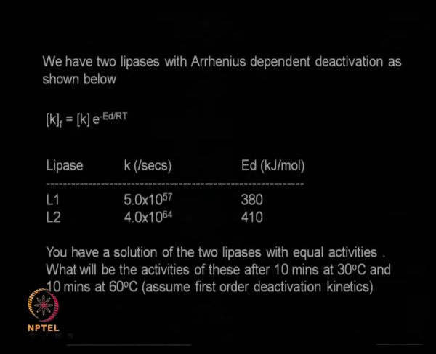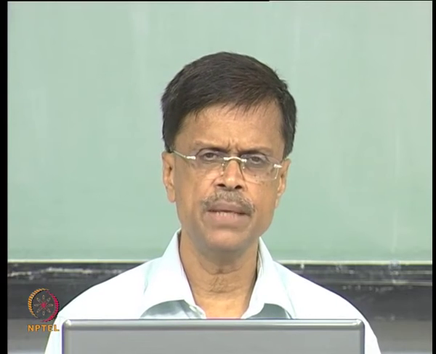Now we have a solution with both these lipases with equal activities. What will be the activities of these after 10 minutes at 30 degrees centigrade and 10 minutes at 60 degrees centigrade? We will assume first order deactivation kinetics. So what does first order deactivation kinetics mean? The rate of decrease in the activity will be directly proportional to the concentration, that is what first order deactivation kinetics means, okay.